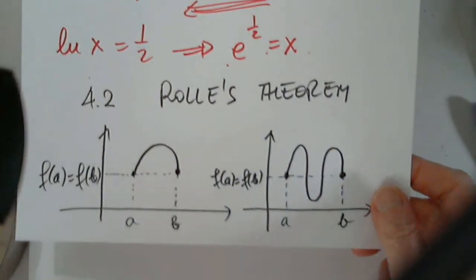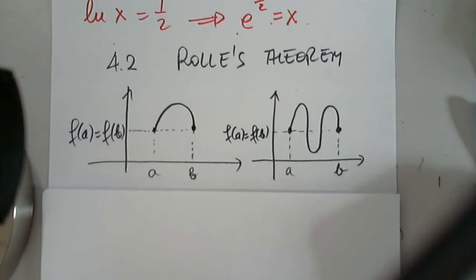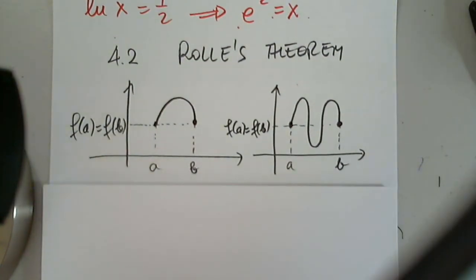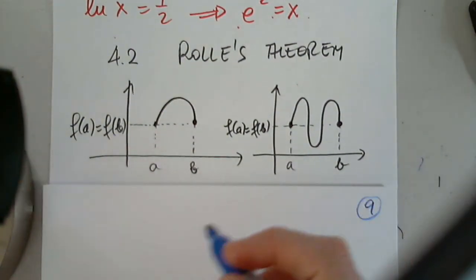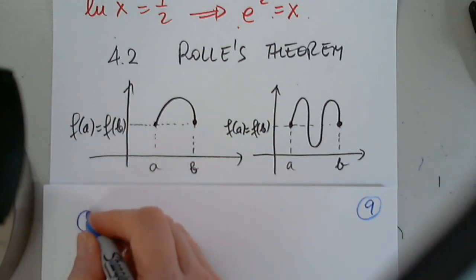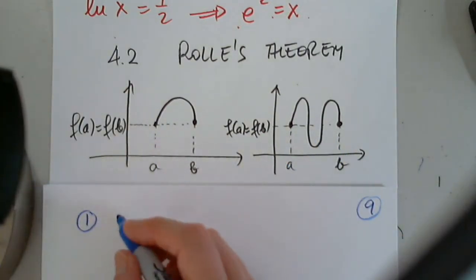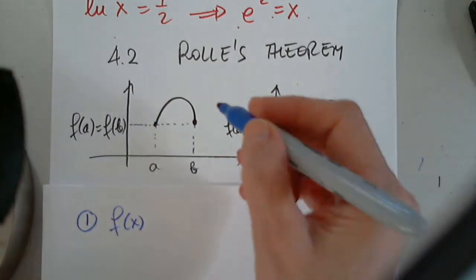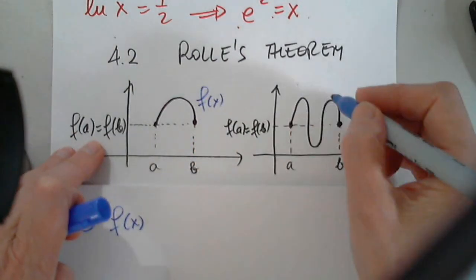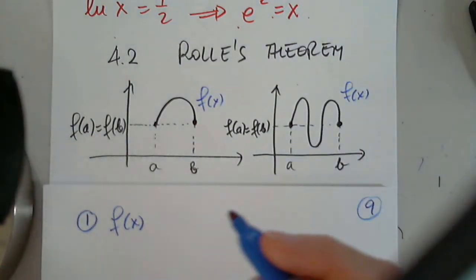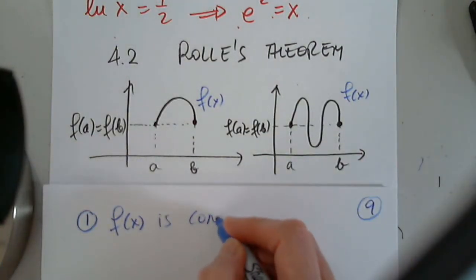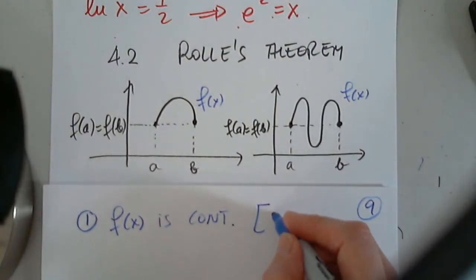Okay, so these are two examples. They really mean the same thing. So let's discuss this theorem. Number one, based on the examples I gave, would you agree that f of x, so this is f of x in this case, of course, and this is f of x in the other case, f of x is continuous on the interval a comma b?